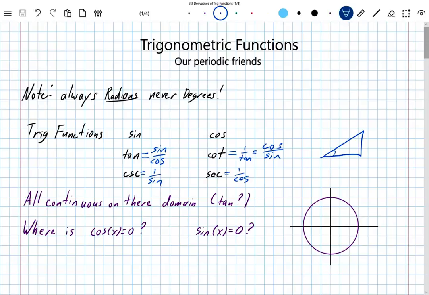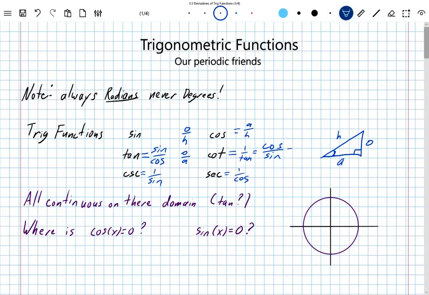So ever so quickly, if we had some angle on a right triangle we cared about, then the opposite side we'd call the opposite, the adjacent side we call the adjacent, and the hypotenuse is always just the hypotenuse. We learned that sine is opposite over hypotenuse, tangent is opposite over adjacent, and cosine is adjacent over hypotenuse.